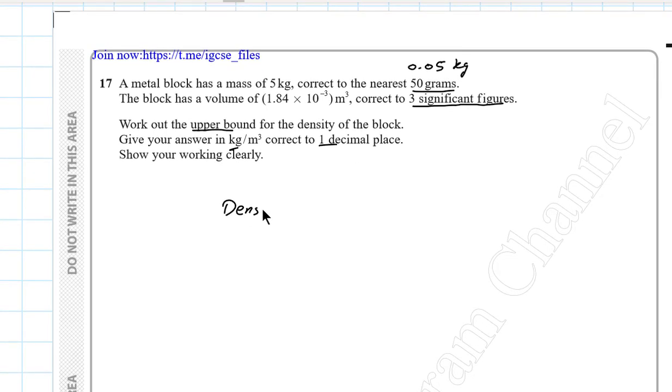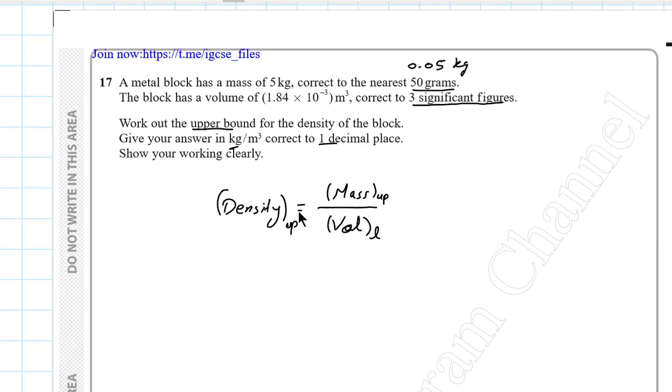Okay, density is equal to mass over volume. Mass over the volume, okay? And since we want to get the upper bound of the density, the quantity in the numerator should be calculated for its upper bound, and in the denominator we should calculate its lower bound because it is inversely proportional to the density.